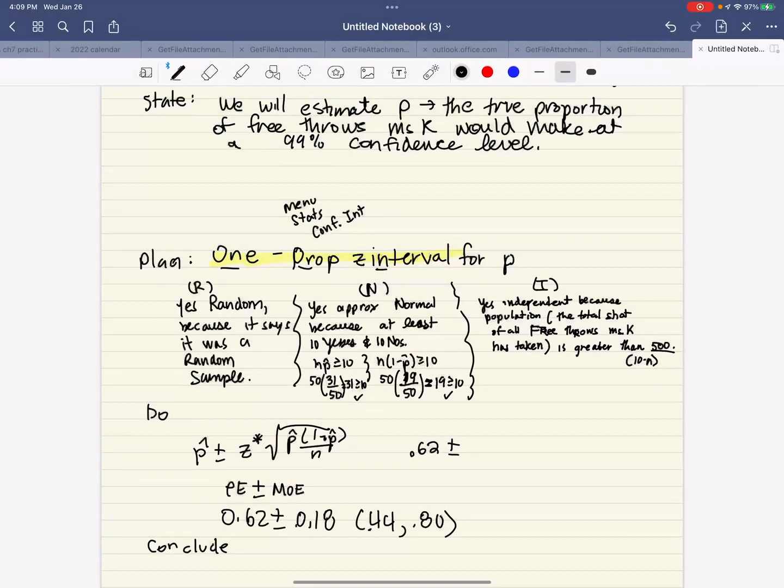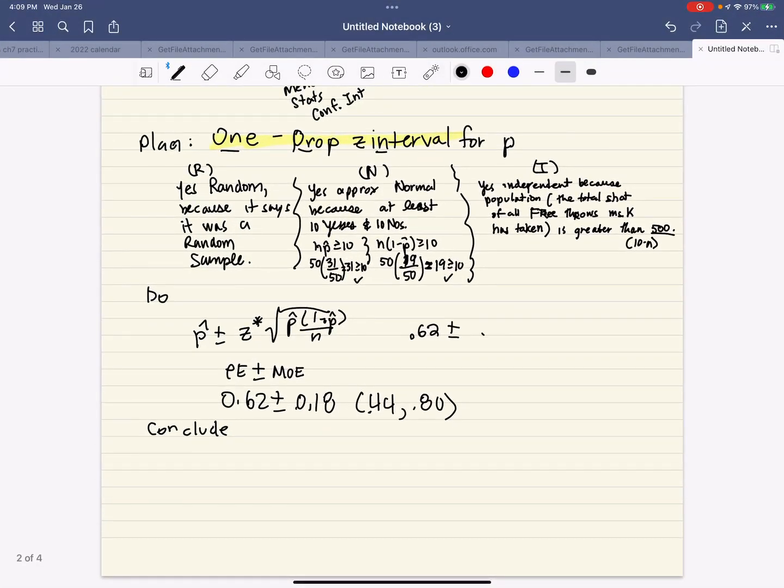Okay, that makes sense. 2.576 times the square root of 0.62 times 0.38 over n. What is n? We know it's 50. And the calculator told us that's this.